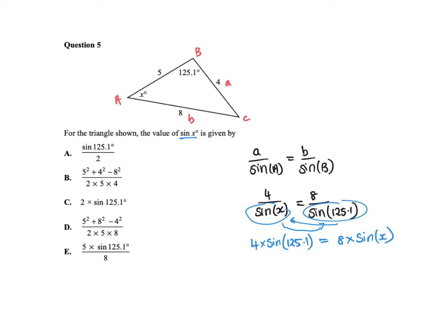This is what the calculator is doing. Now, obviously, we want to get this sine x by itself. So I'll move this 8 away from it, and because it's timesing, it would divide on the other side. So you end up with sine 125.1 divided by 8 equals sine x.